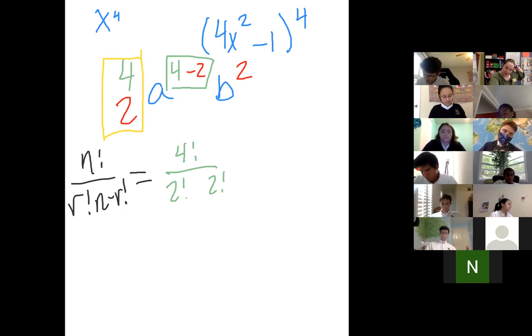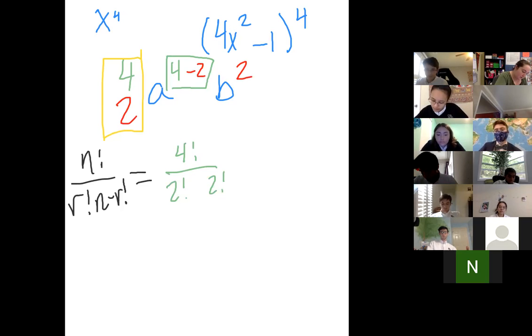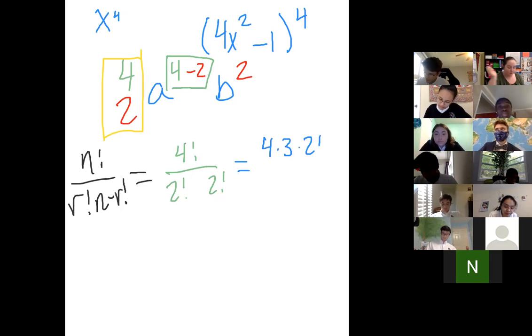So 4 factorial, if I want to make it nice so that I can cancel things, let's simplify this. This is the same thing as 4 times 3 times 2 factorial. Is that okay that I skipped that 2 times 1 and then changing it back to 2 factorial? Are we okay? Why did you get rid of the 4 minus? Because 4 minus 2 is 2.